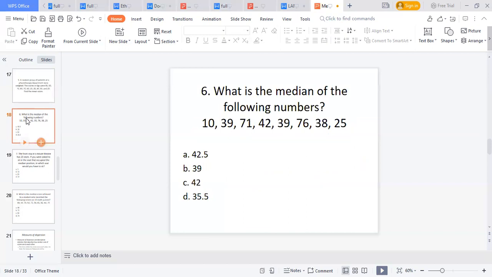Here's another question. What is the median of the following numbers? What is the median? I'm giving you 3 minutes.